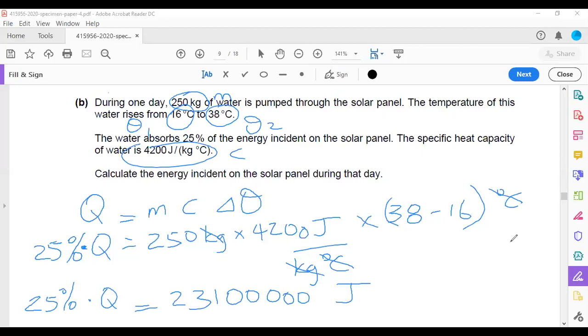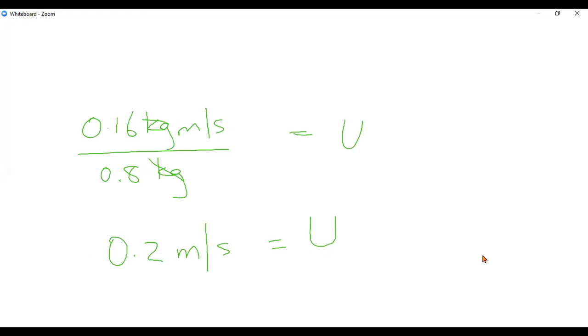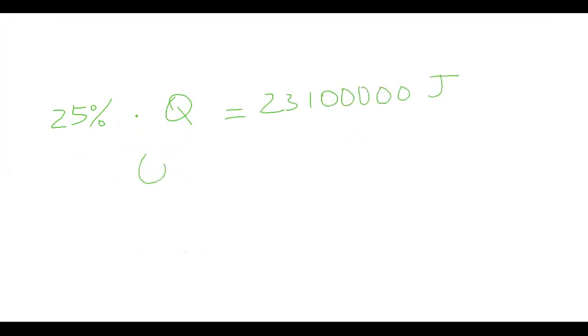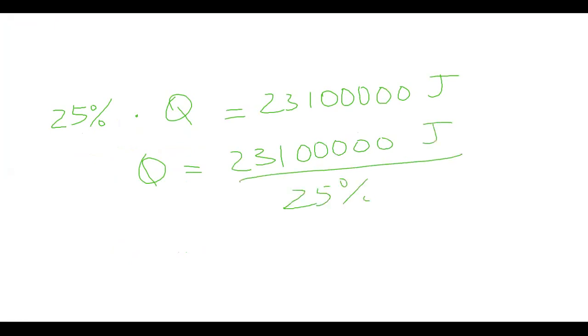Now, if we want to find the actual Q, I'm going to write it on a whiteboard on one side. So if we're going to find the actual value, 25% of Q is equal to 231 joules, and you want to find Q. So Q is equal to 231 joules divided by 25%.